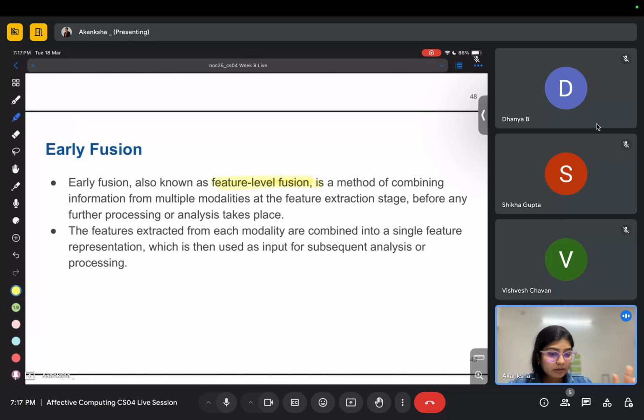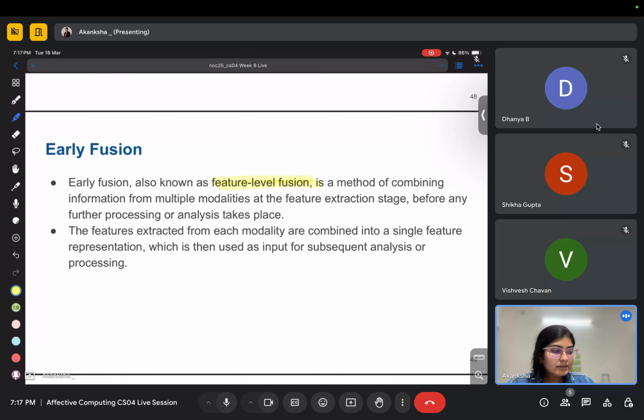There are mainly three fusion techniques using which you can combine different modalities. Let's say you have text data, the transcript, you have the voice of the person, and you have facial expressions. You can combine the information from these modalities and then predict, and the intention is to design models which have enhanced performance. However, it might not always increase the performance, it might also decrease.